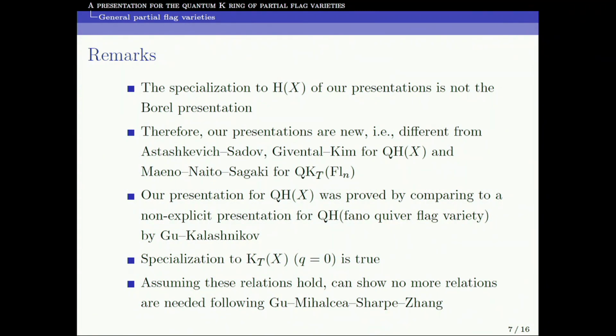Let me point out that our presentations are different from the Toda presentation by Astashkevich, Sadov, and also Givental-Kim that Mark was talking about. And it's also different from the recent presentation by Maeno, Naito, Sagaki for the equivariant quantum K-ring of the full flags, because our generators and our relations are both quite different from these, even in the classical case.